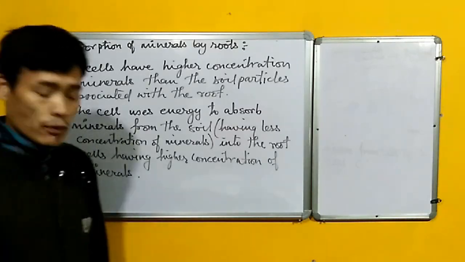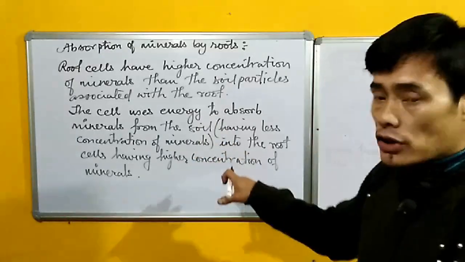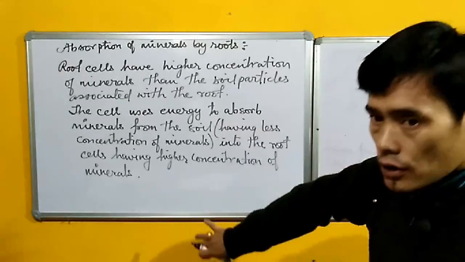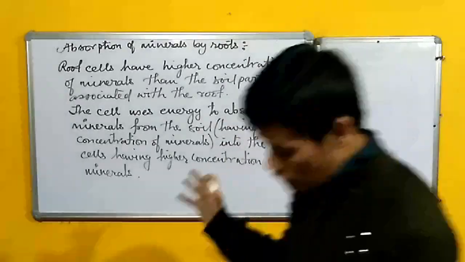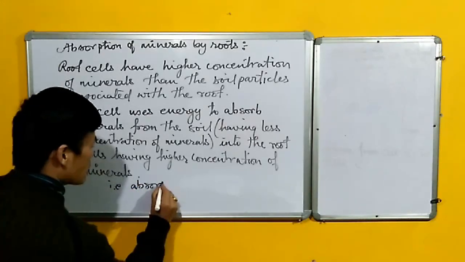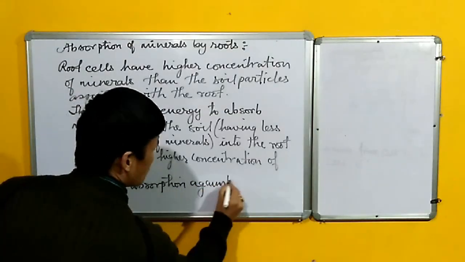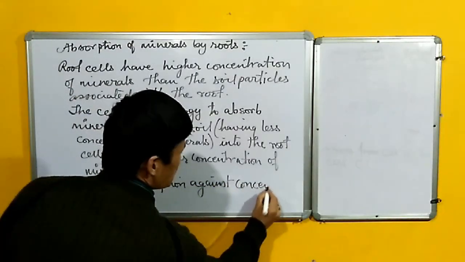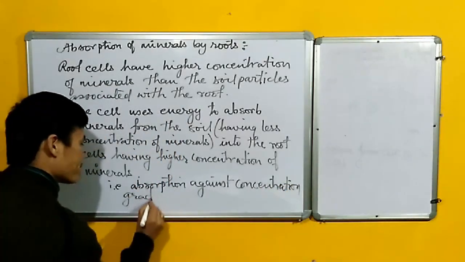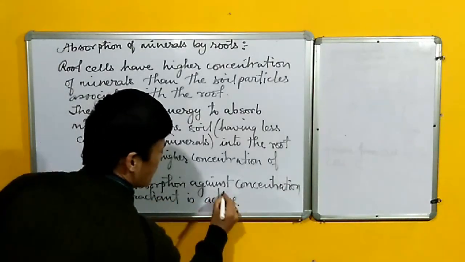Thus, once again, we come to a conclusion that this process of absorption of minerals from a lower concentration to a higher concentration, that is absorption against concentration gradient, is active transport.